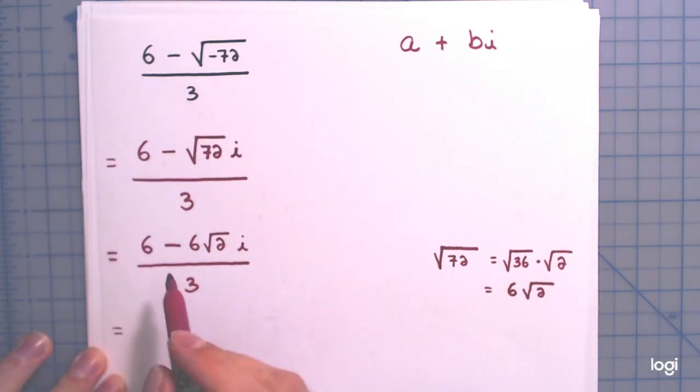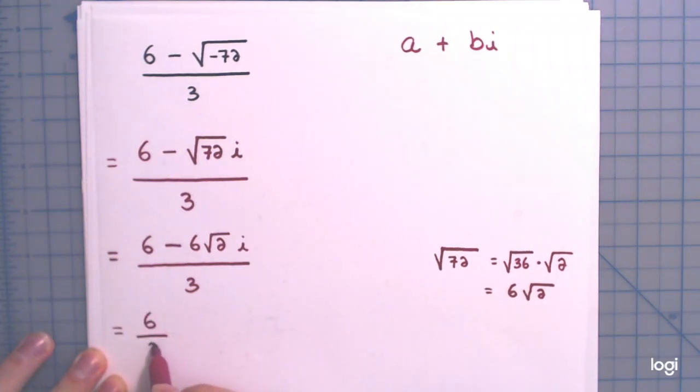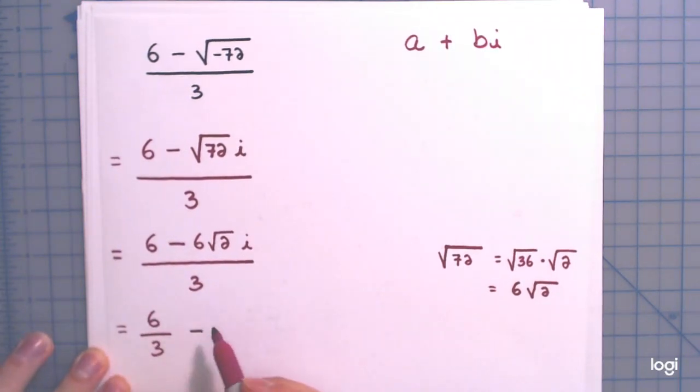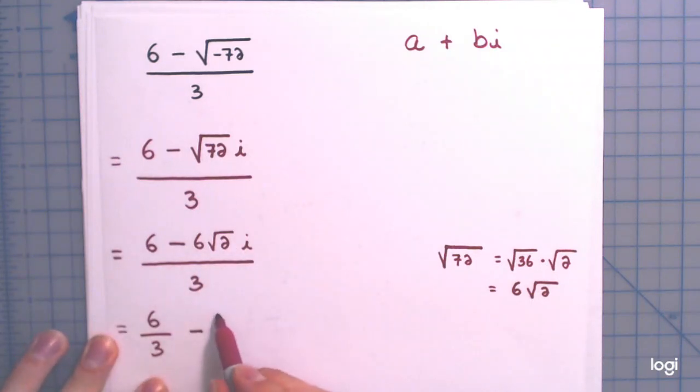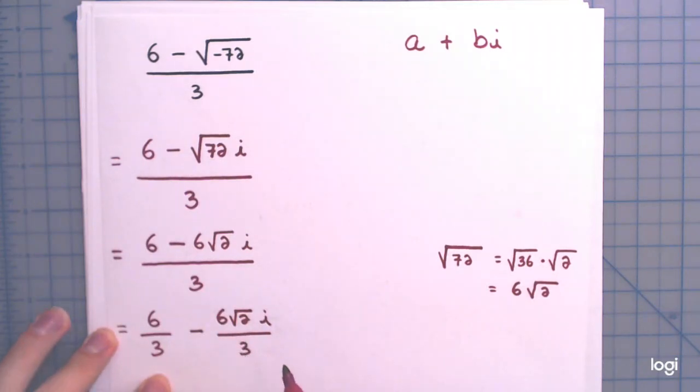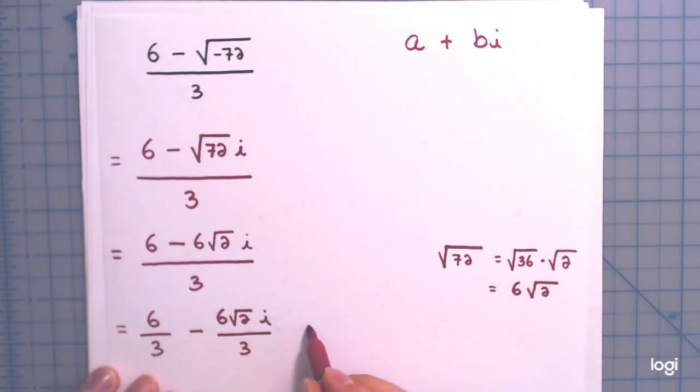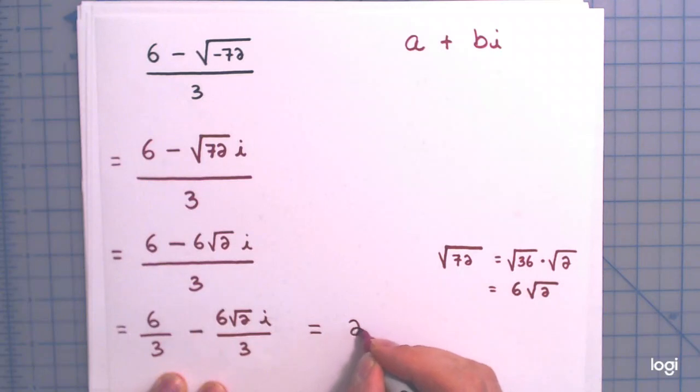So this is equivalent to the first term, 6 divided by 3, then minus the next, 6 times the square root of 2 times I divided by 3. And then we can simplify each of these fractions. The first term, 6 divided by 3, simplifies to simply 2.